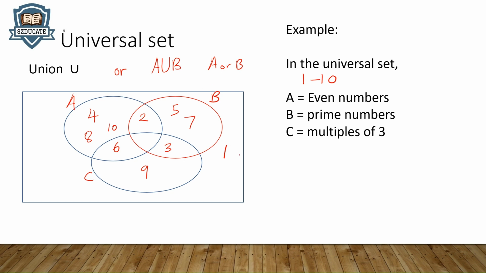So in this case, A union B would be everything within here and here. Everything that encompasses A and B. Anything out of A and B, we don't take. So you can see that except for 1 and 9, everything falls inside. So 2, 3, 4, 5, 6, 7, 8, 10.